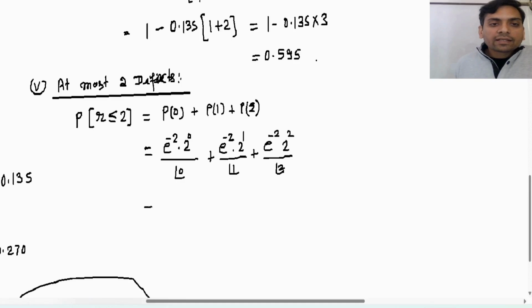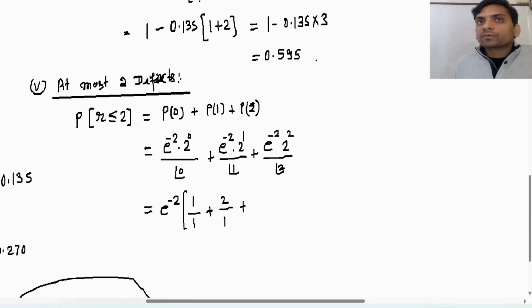Now you can take this e raised to the power minus 2 as common. 2 raised to the power 0 is 1, and factorial 0 is 1, and in the second term 2 raised to the power 1 is 2, factorial 1 is 1, and next 2 raised to the power 2 is 4, and factorial 2 is 2 into 1, that is 2.